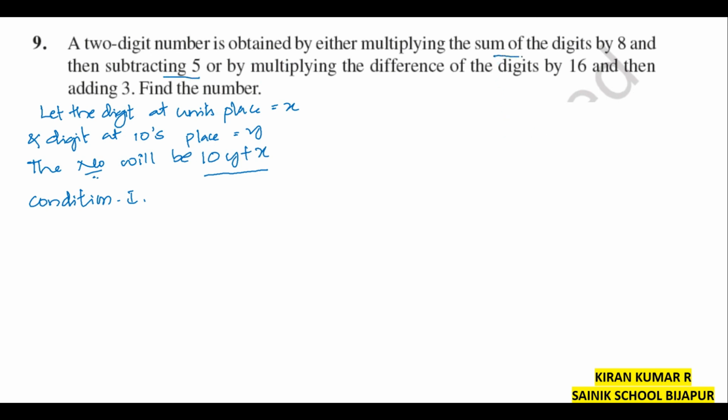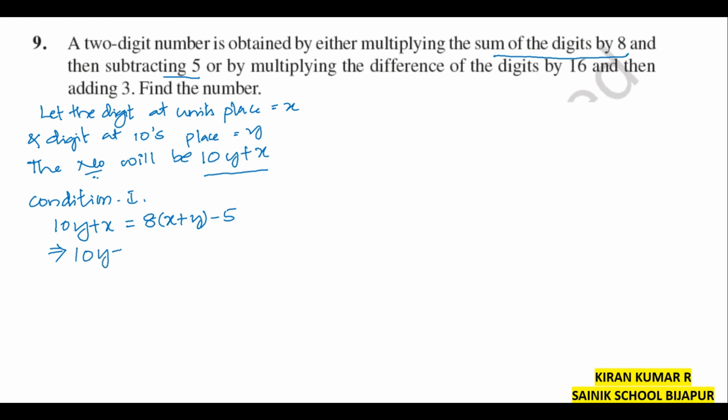Sum of the digits is multiplied by 8 and then subtracting 5. It means that the given number is 10y plus x. This will be equal to 8 times sum of the digits minus 5. Let's simplify this one to get the first equation.